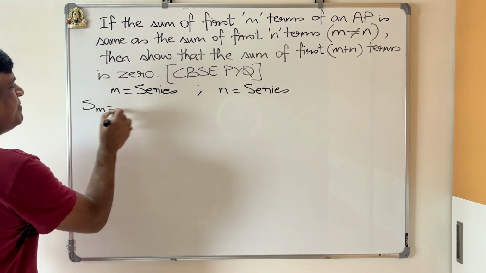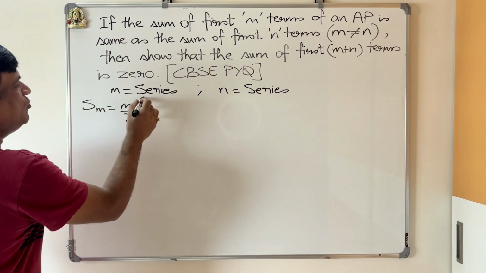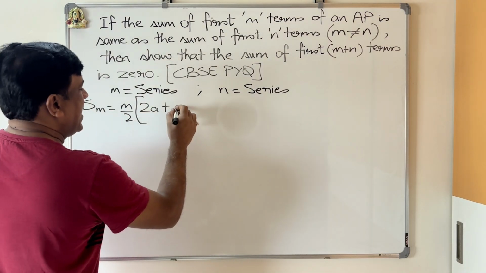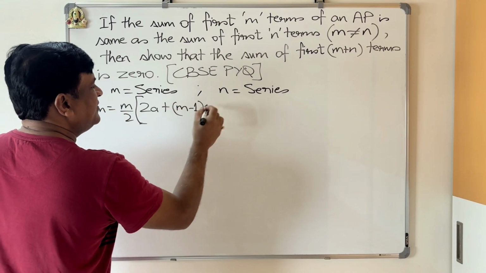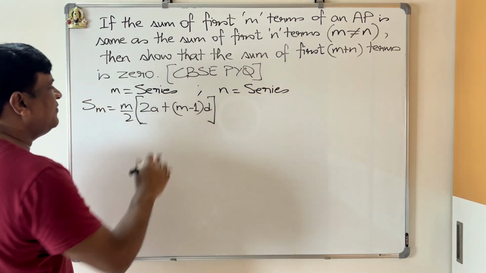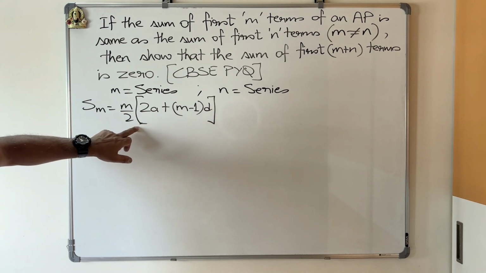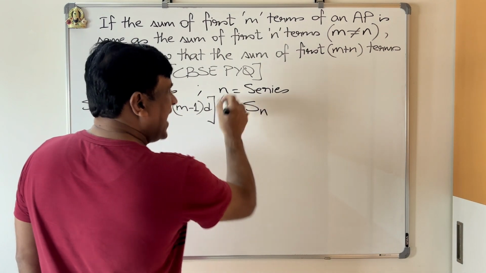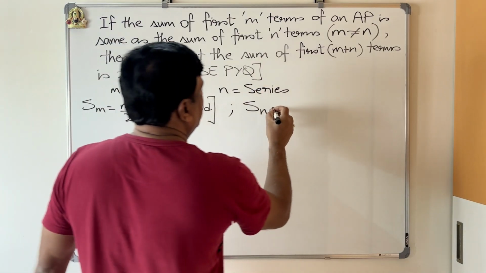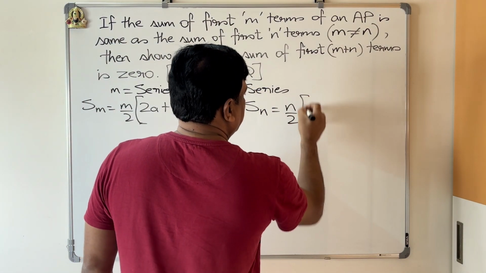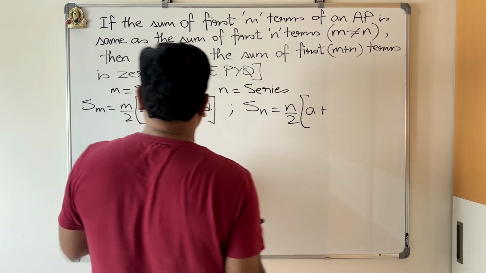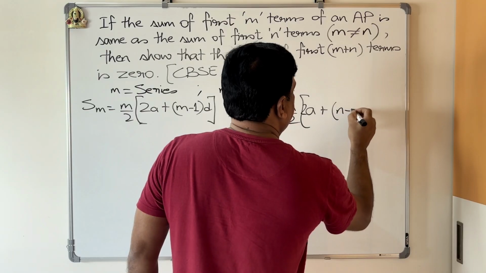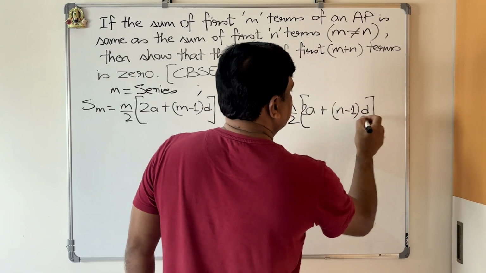You are going to get Sm is equal to m by 2 times 2a plus m minus 1 times d. This is the sum of first m terms of a series. Similarly, for the series of n terms, we know the formula, it's the same stuff: 2a plus n minus 1 times d.